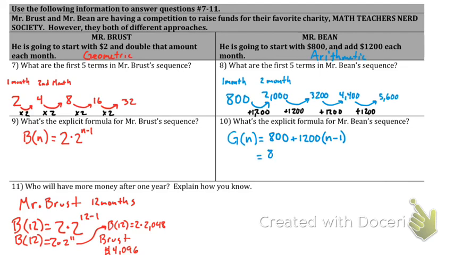So it's going to equal 800 plus 1200n, because we're distributing, minus 1200. And then we want to combine these like terms. So 800 minus 1200, we're going to get 1200n minus 400.